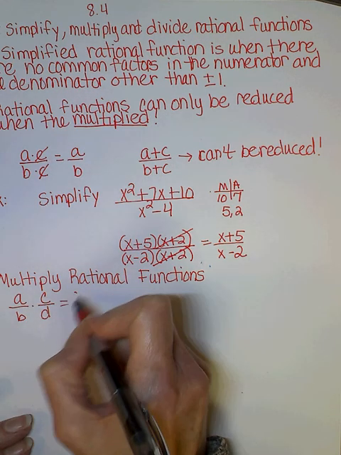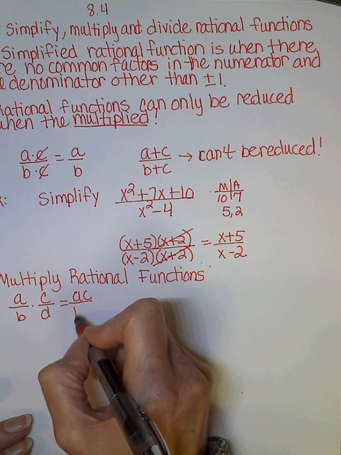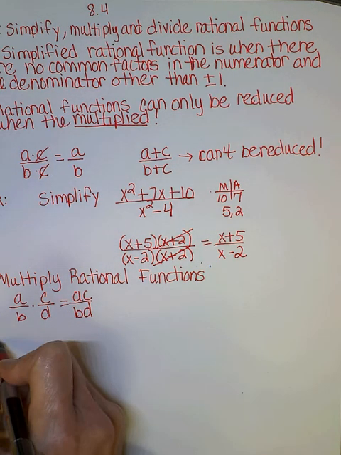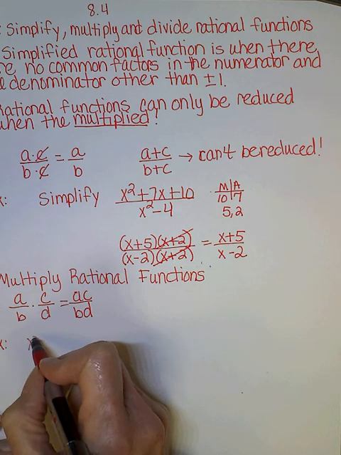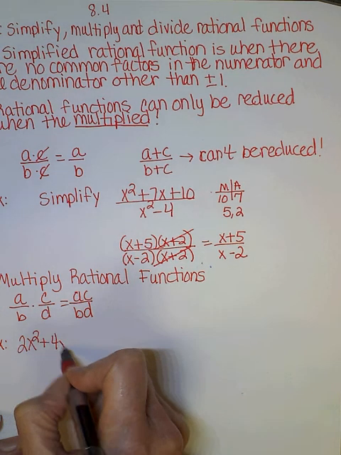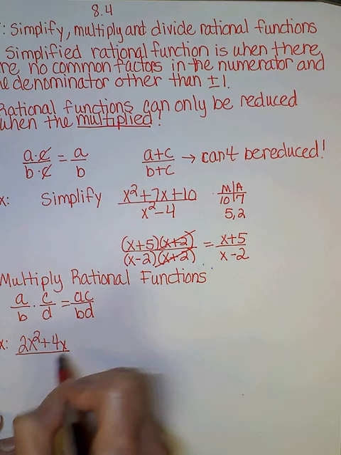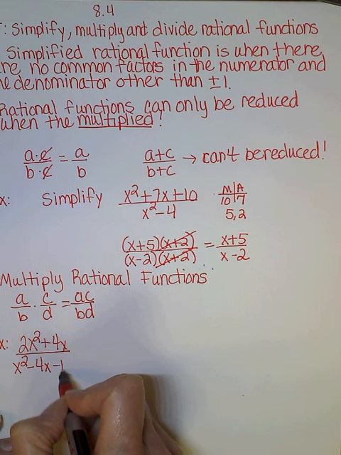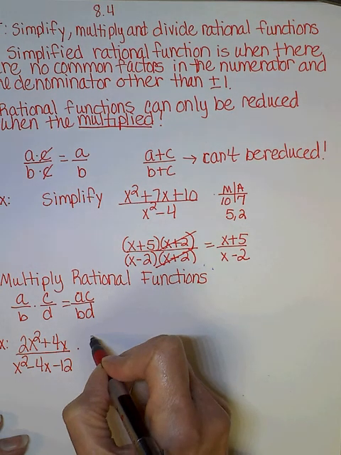So this would equal a times c over b times d. Okay, so for example, we have 2x squared plus 4x. And we're going to multiply that rational function.